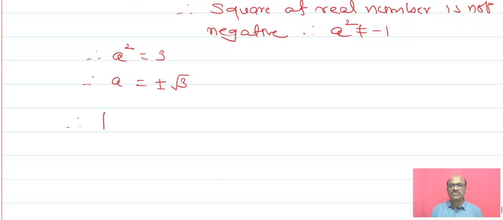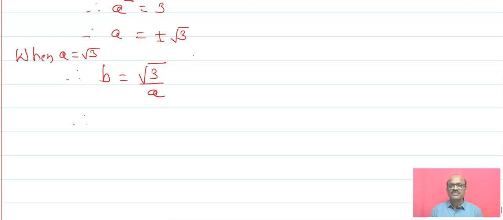Therefore, a square is equal to 3, a is equal to plus or minus root 3, b is equal to root 3 upon a. First of all, we take the value of a as root 3. When a is root 3, b is equal to root 3 upon root 3, that is equal to 1.